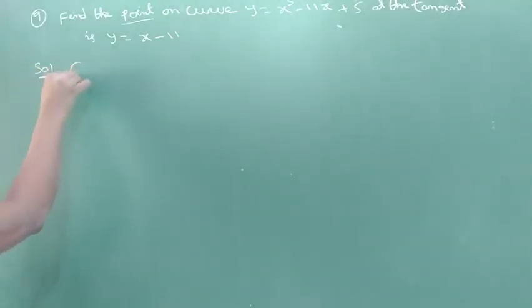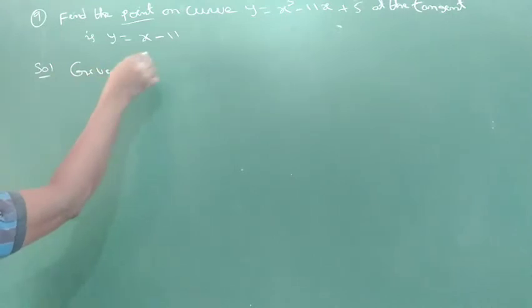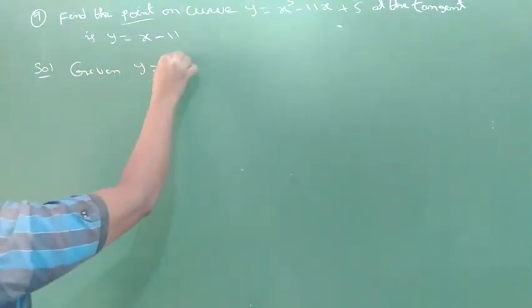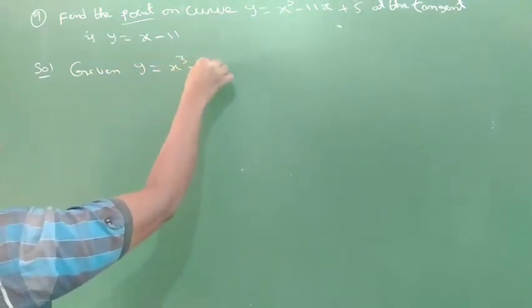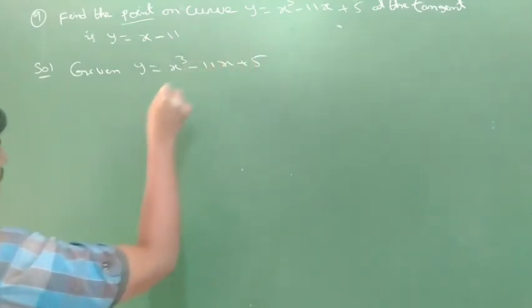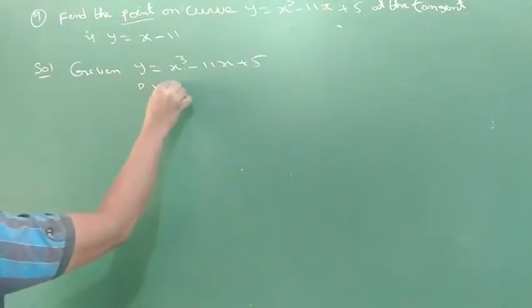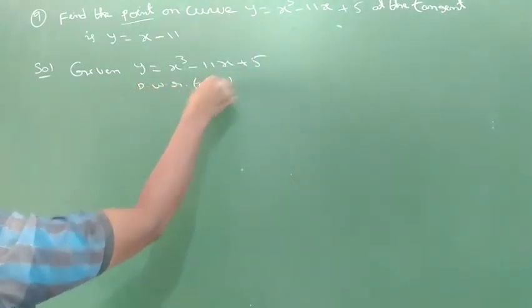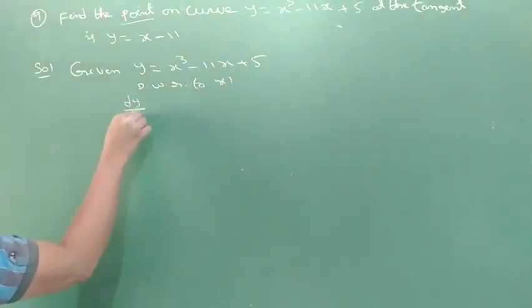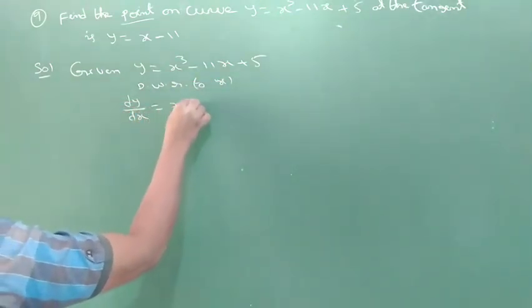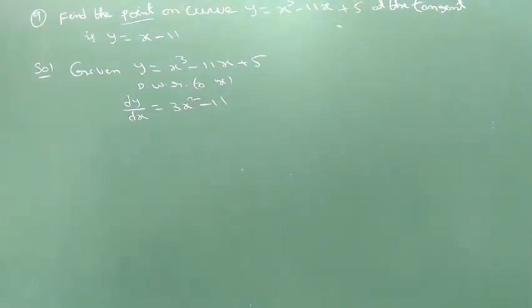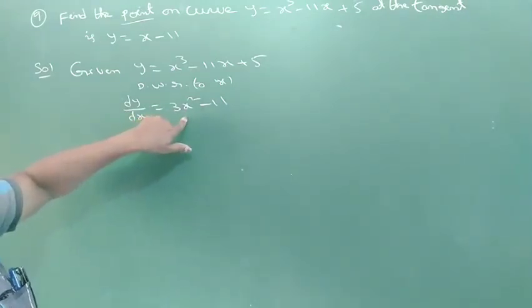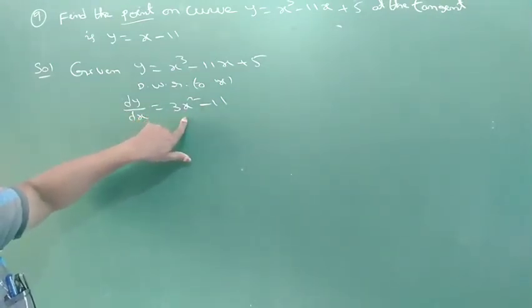Solution. First of all, what do we have to find? The derivative. y is equal to x cube minus 11x plus 5. Taking the derivative with respect to x, dy by dx is equal to 3x square minus 11.